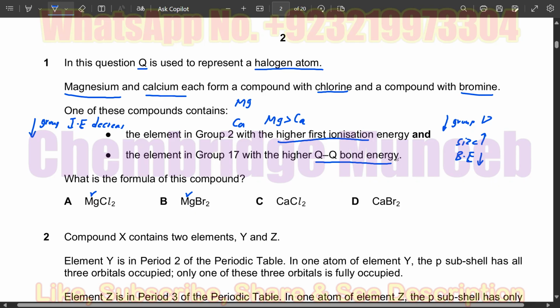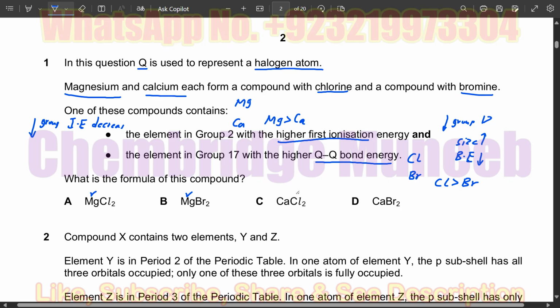So we have to compare between chlorine and bromine. Chlorine is present higher in position than bromine. So down the group, bond energy decreases, which means chlorine must have the higher bond energy as compared to bromine, because chlorine is smaller in size than bromine.